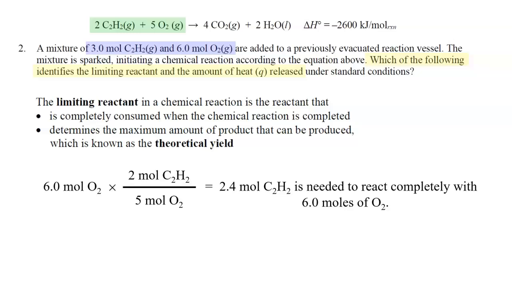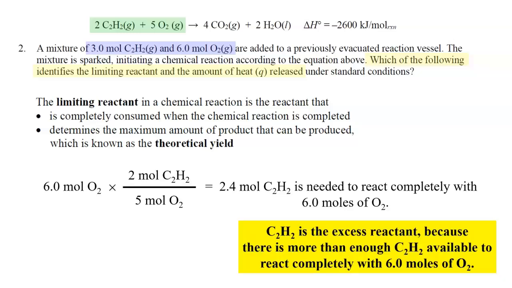But I have 3 moles of acetylene available, and I only need 2.4 moles. So acetylene is the excess reactant because there is more than enough acetylene available to react completely with 6 moles of oxygen. So we have determined that oxygen is the limiting reactant and acetylene is the excess reactant.